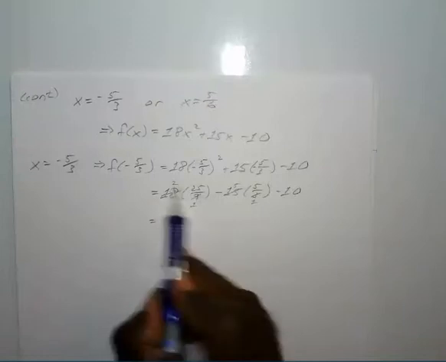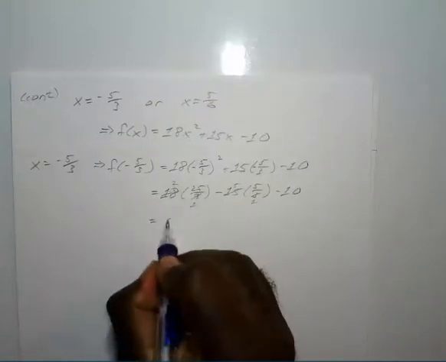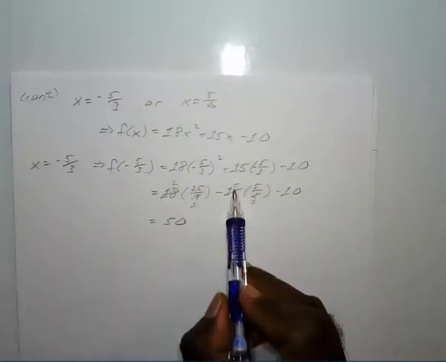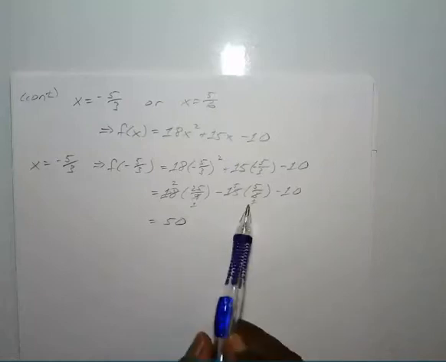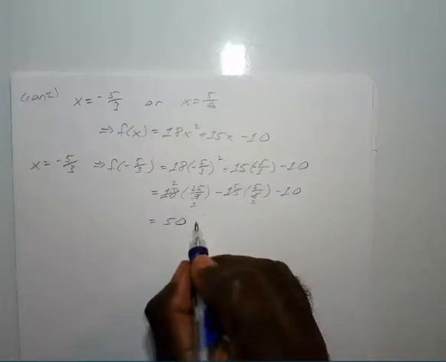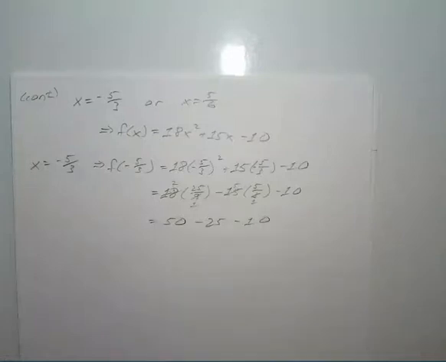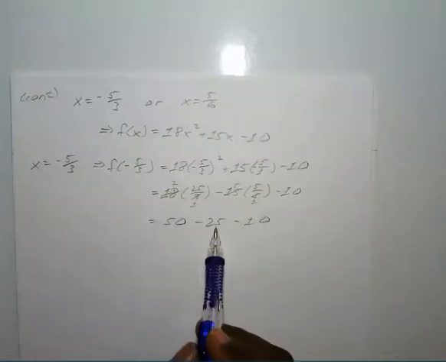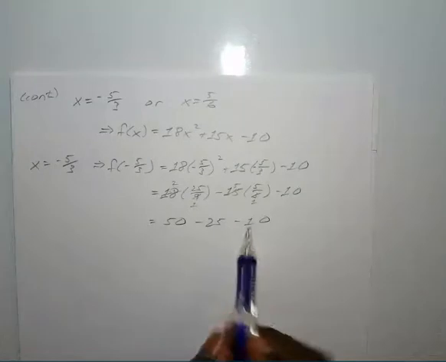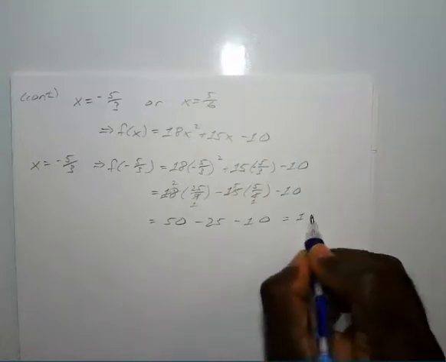So we have 2 times 25, which is 50. We have 5 times 5 divided by 1, which is 25, so it's minus 25 minus 10. 50 minus 25 is 25. 25 minus 10 is 15.